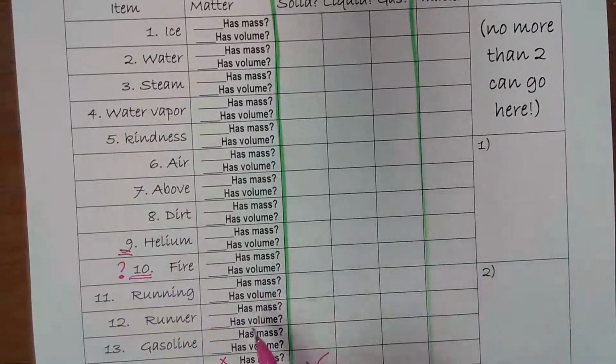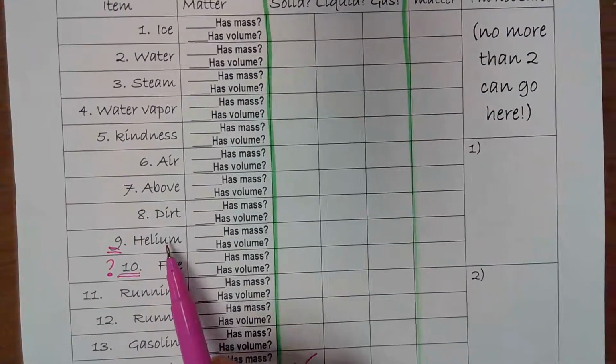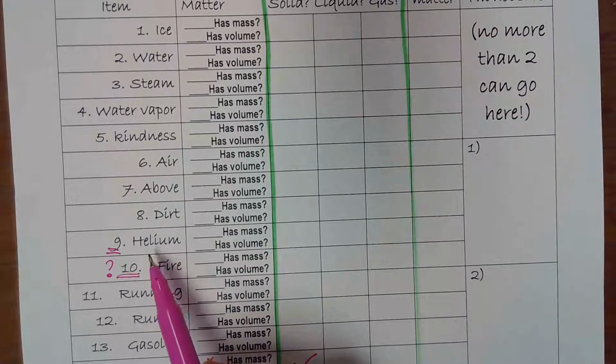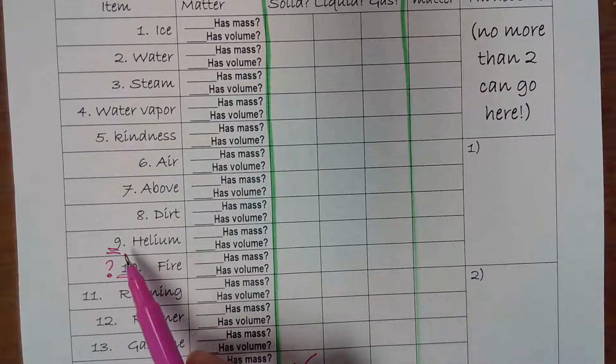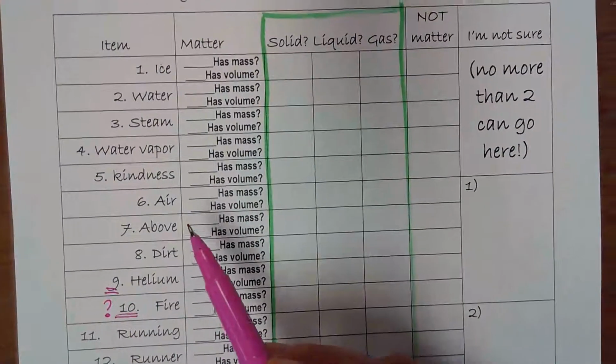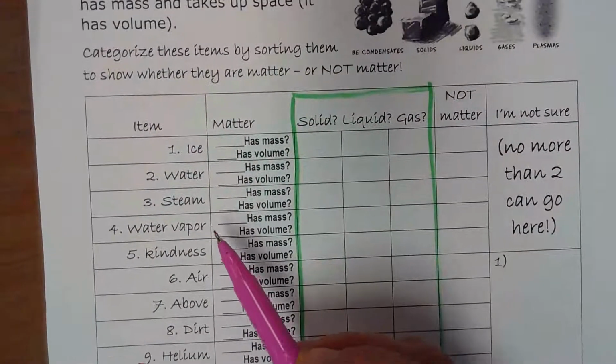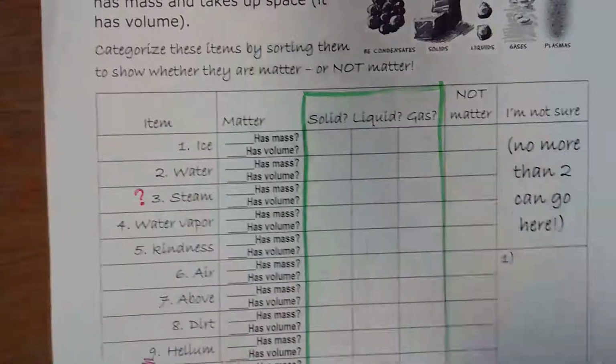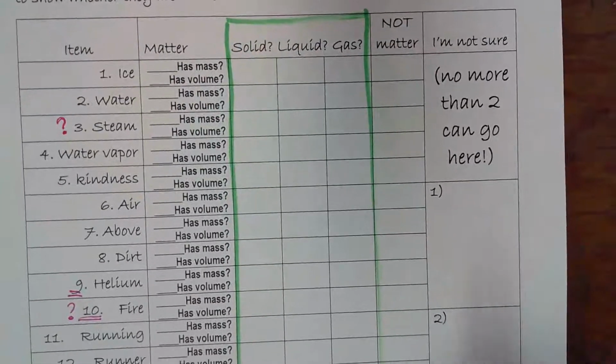If you don't know what helium is, that is the stuff that they put in balloons that makes them float. So that should give you an idea of what helium is. At that point, I will not put a question mark next to it. One that is sort of like fire, it could go in a couple of different directions, is steam. You might or might not get steam correct.